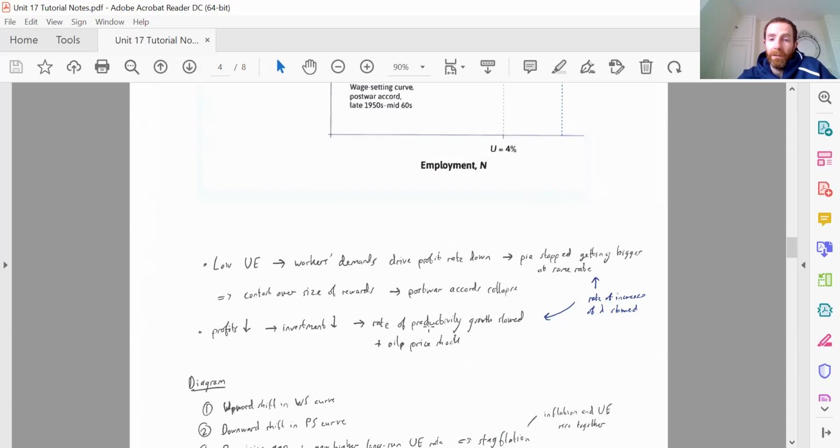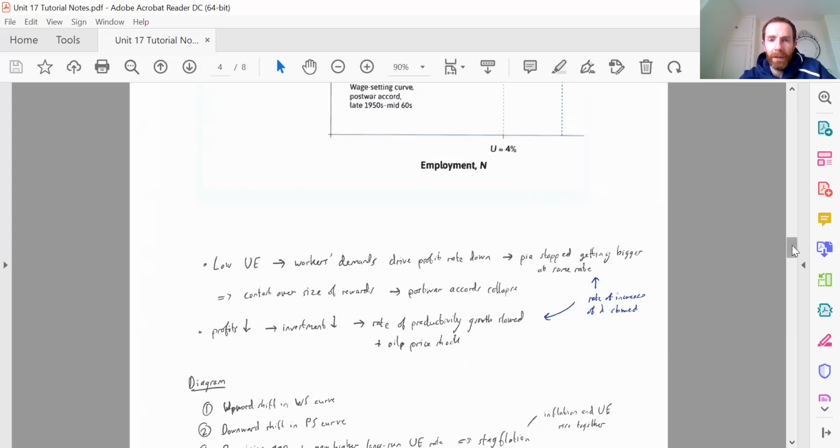So the combination of slowing productivity growth, increased demands from workers for higher wages, and these oil price shocks, all of this came together to mean that the pie stopped getting bigger at the same rate. Workers were demanding a big share of the pie, and this whole post-war accord collapses, right?